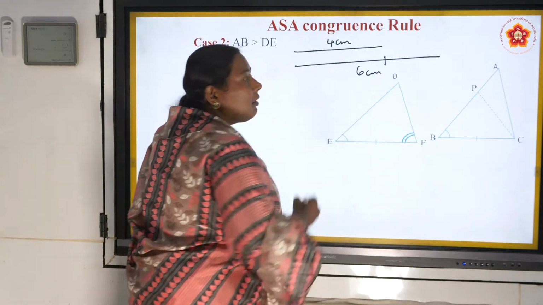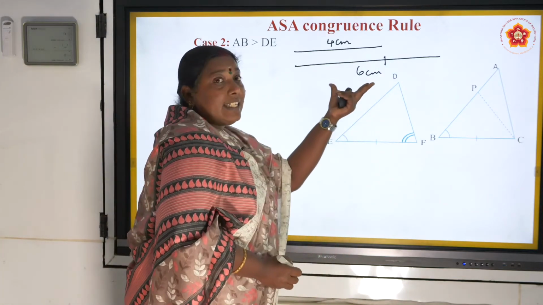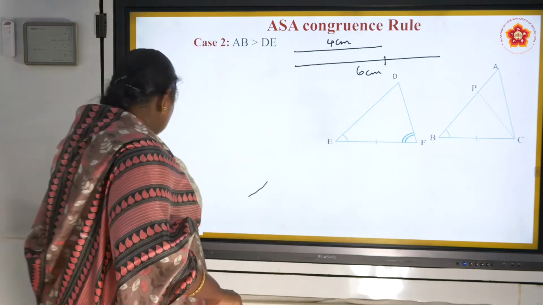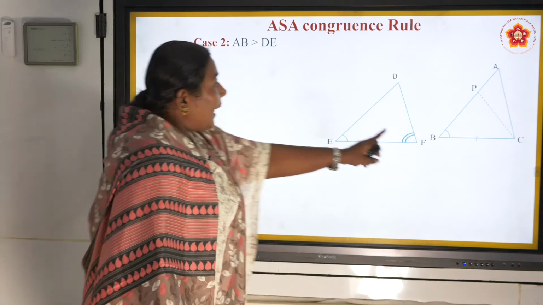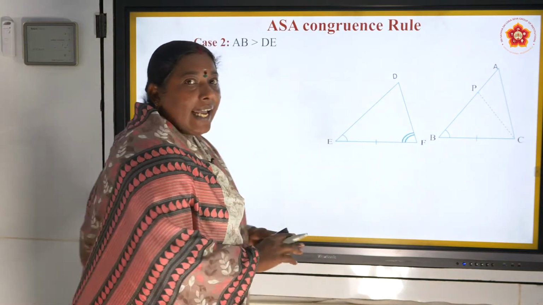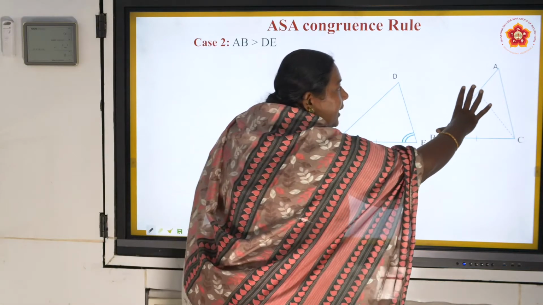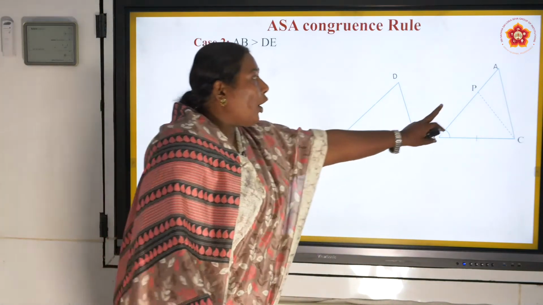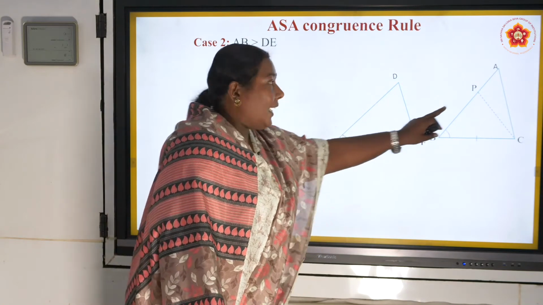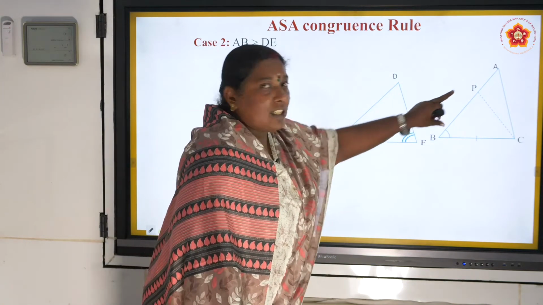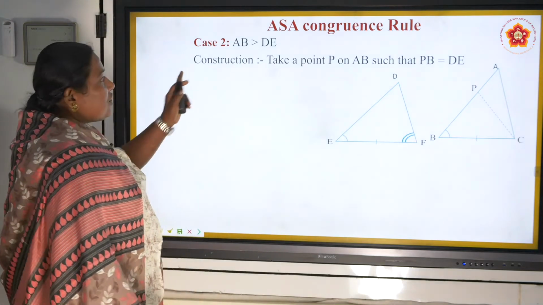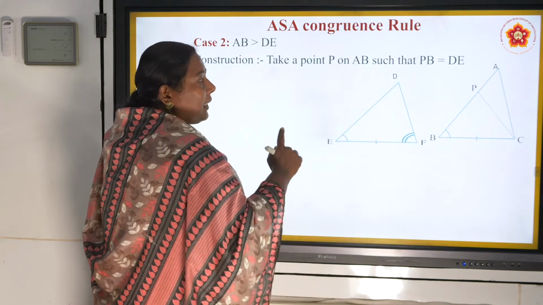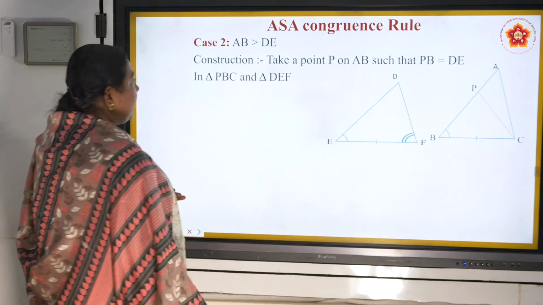That means in the 6 centimeter, I can show my 4 centimeter also. If AB is greater than DE, I can show the DE measure in AB. So that is what I am going to do here. I am going to take a point P on AB such that DE measure and PB measure are the same. Construction: take a point P on AB such that PB is equal to DE.